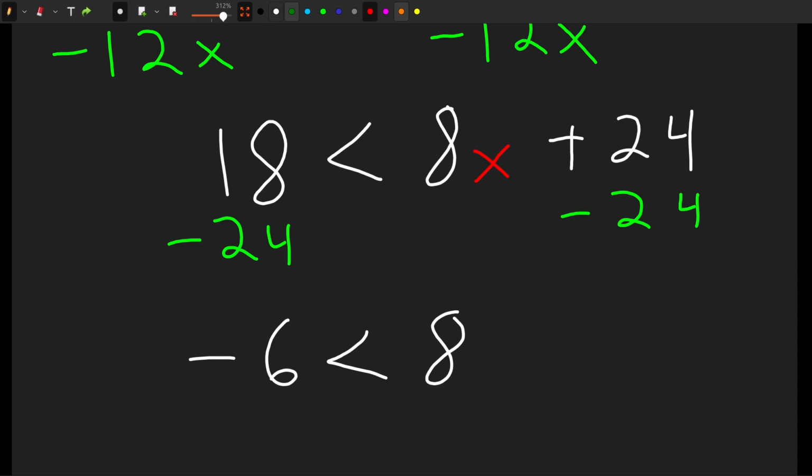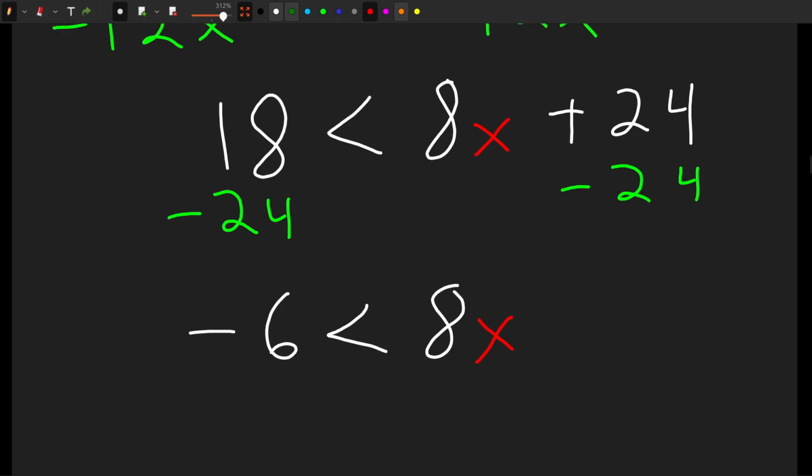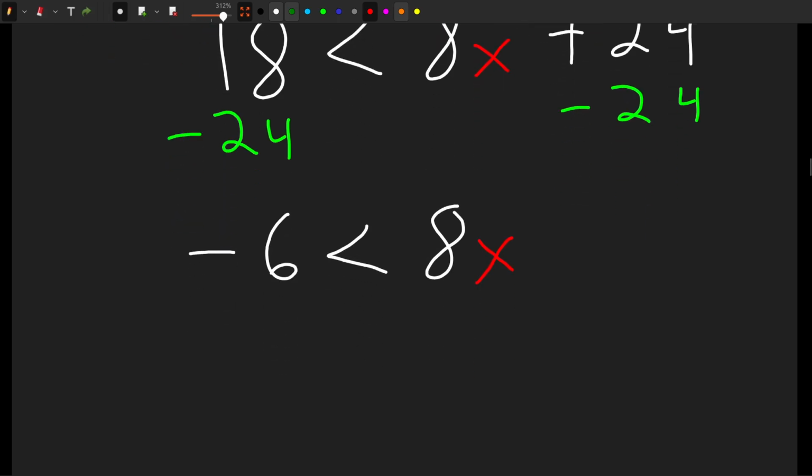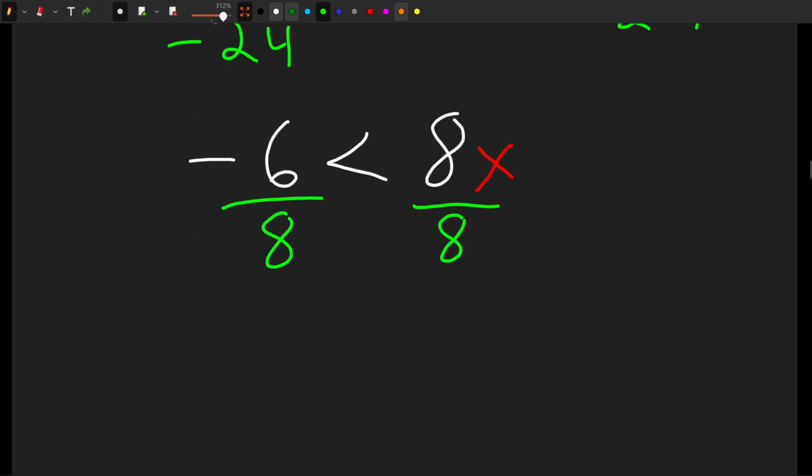Notice that when you subtract a number, the sign does not change. It's only when you multiply or divide by a negative number that the sign changes. And so now the last step is to divide by 8. 6 divided by 8, if you simplify that as a fraction, is negative 3/4.